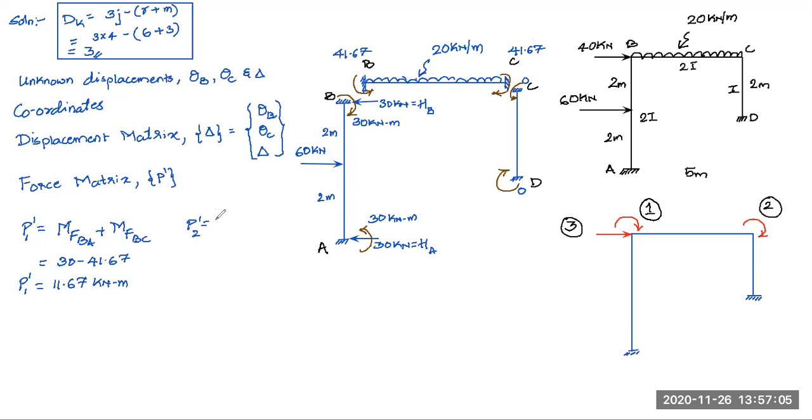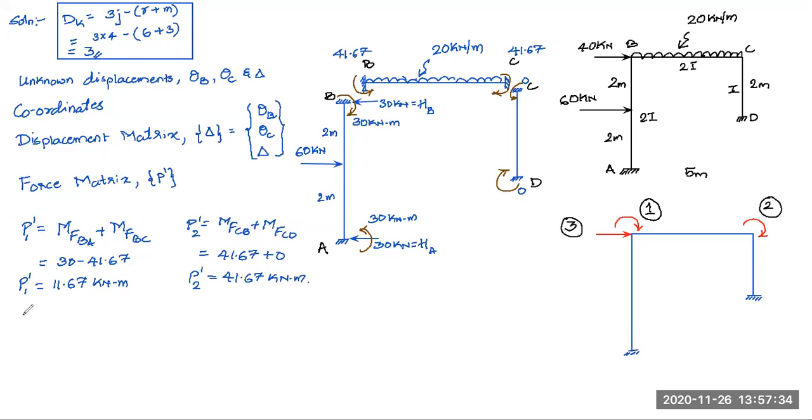So it is given by MFCB plus MFCD. MFCB is 41.67 clockwise moment plus MFCD is 0. So P2 dash, what I get is just 41.67 kilonewton meter.